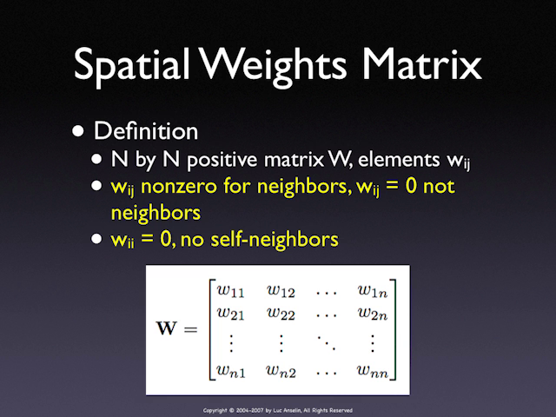By convention, the diagonal is 0. There are no self-neighbors. Now this is purely a convention, and in fact in some social network analysis it makes a lot more sense to have self-neighbors. In that case, the diagonals would all be 1. It doesn't really matter conceptually.